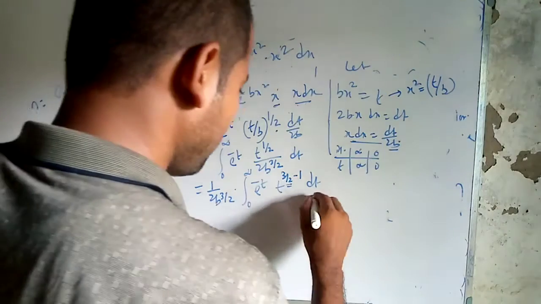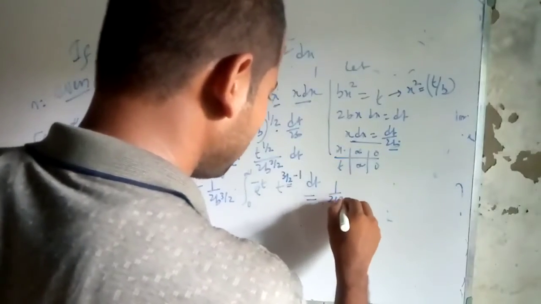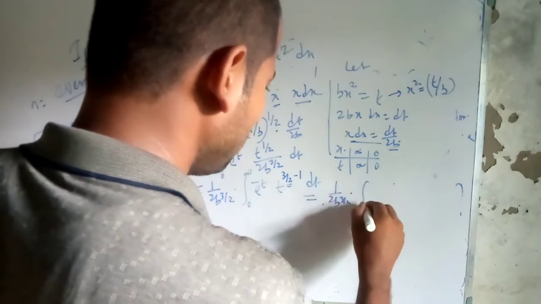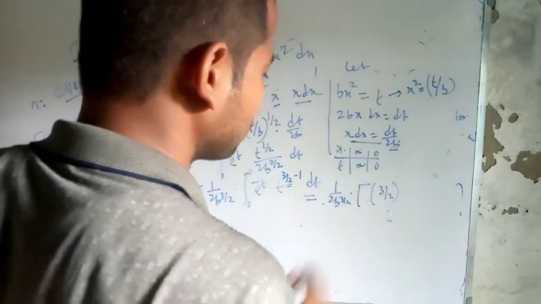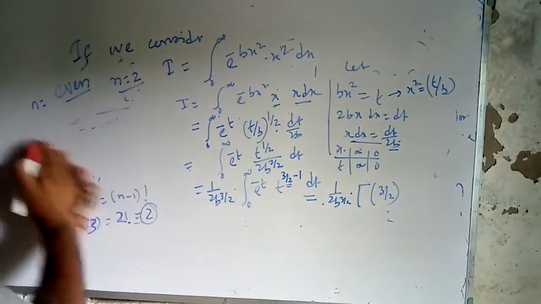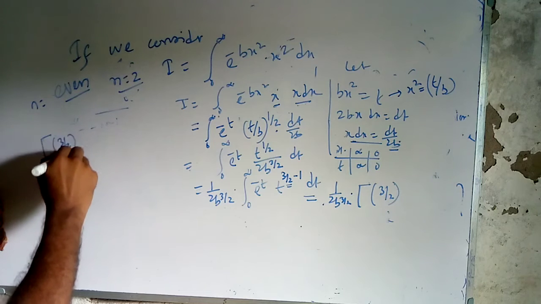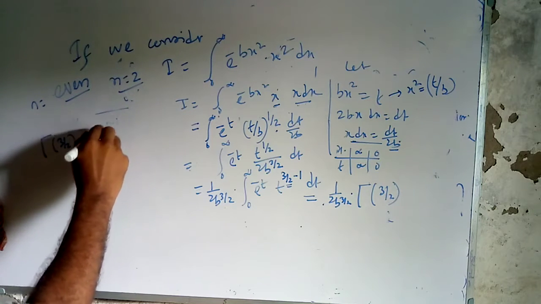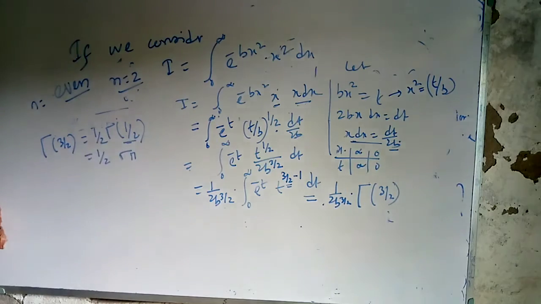We simplify this problem: 1 by 2b cubed, 1 by 2 with 3 by 2, integral from 0 to infinity, this is the gamma function of 3 by 2. Gamma of 3 by 2 can be written as half into gamma of half, and gamma of half is equal to root over pi, which was calculated before.